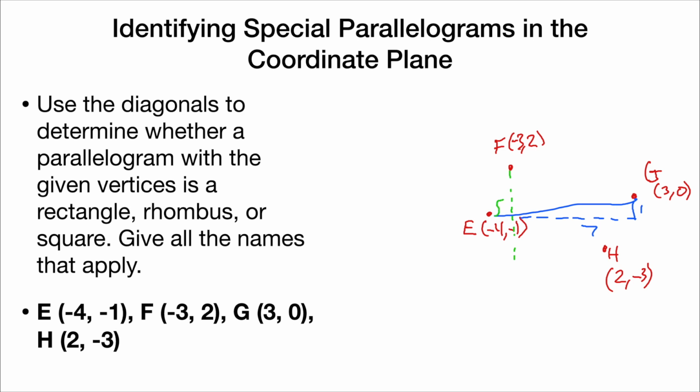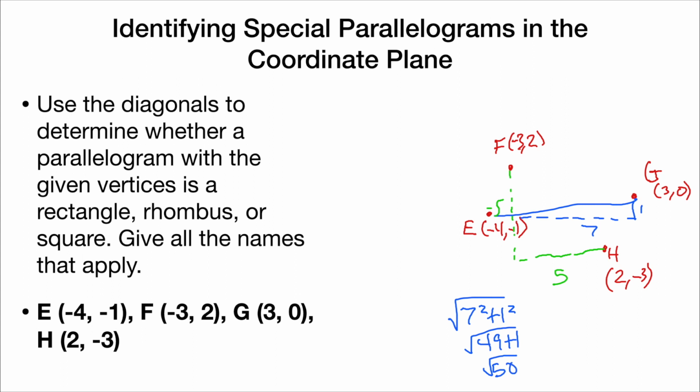That's going to be 5. So this goes down 5 and over 5. So what we have to do now is actually use the Pythagorean theorem or distance formula. So change in x was 7 squared plus 1 squared. That is 49 plus 1, so the square root of 50.